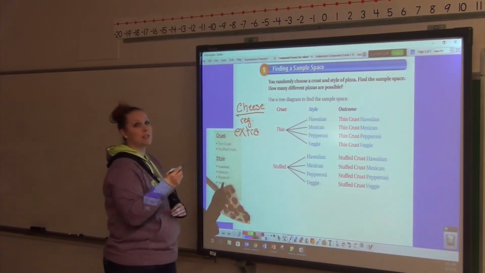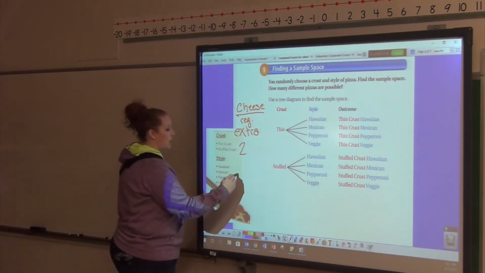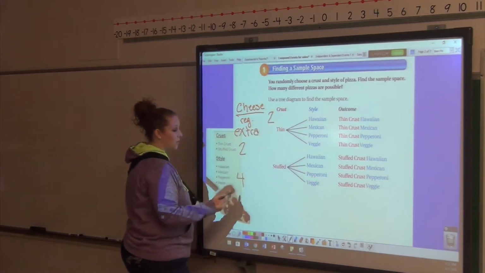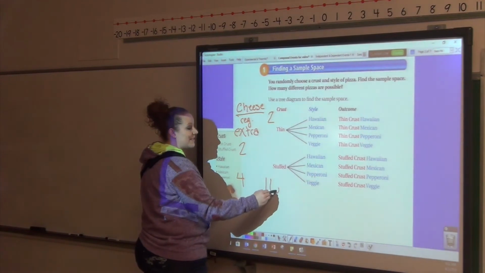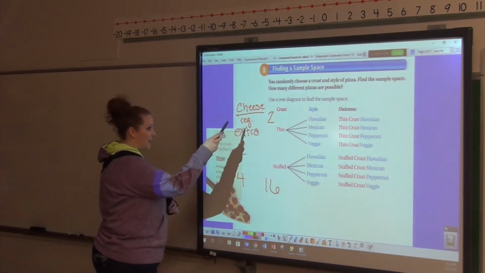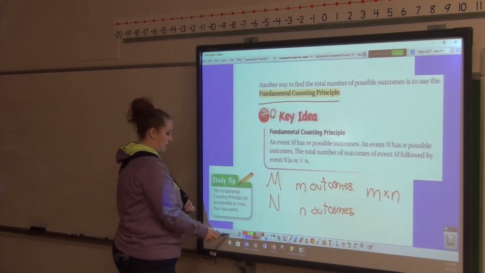So we've got 2 different options there. We choose our crust, got 2 there. We choose our toppings, we've got 4 there. And then we choose our cheese, and we've got 2 there. So that's going to be 2 times 4 times 2, which is 16 possible outcomes for that event. There was a third event there of what kind of cheese you would like.